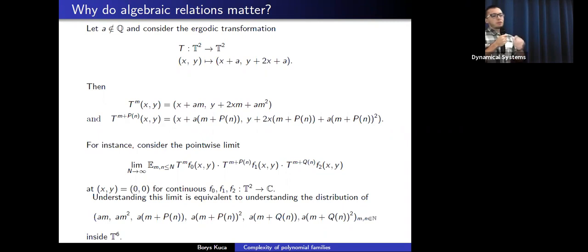So that's where the algebraic relations come from. They are a sort of obstruction that has to be taken care of. And the conjecture that I stated on one of the previous slides says that these are the only obstructions that one has to take into consideration.